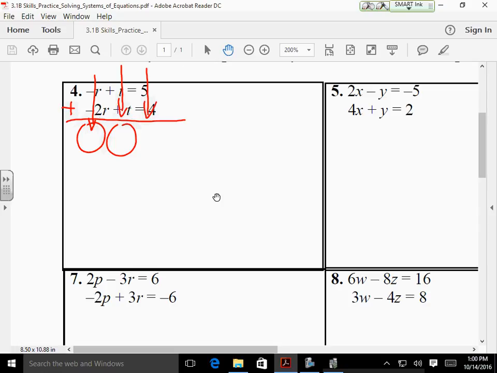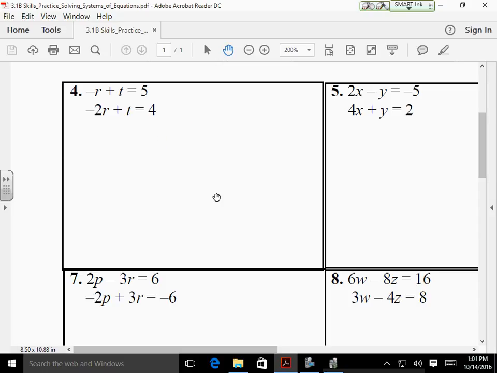Right now it's not that way, because if I added right here, it would be really pointless. That would become negative 3r plus 2t equals 9, and I haven't accomplished anything by doing that.